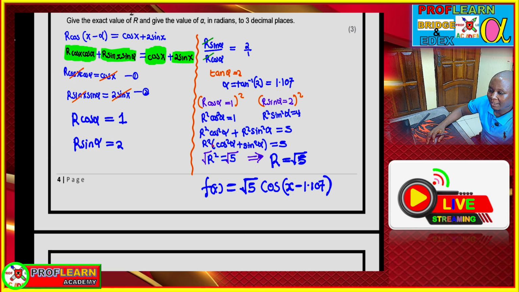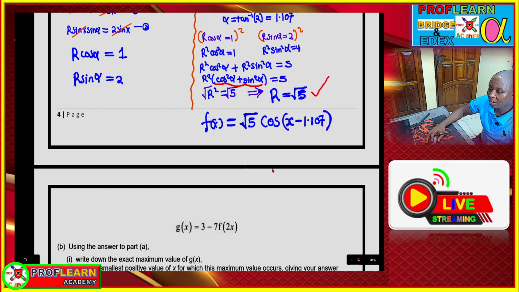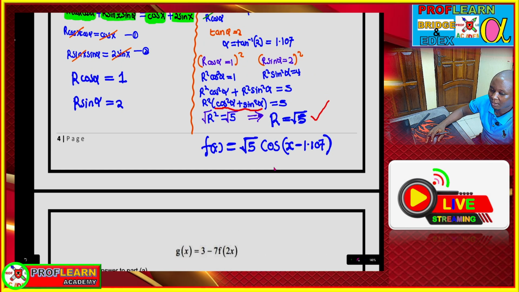You factor r squared out, but this part reduces to 1, because cos squared alpha plus sin squared alpha is equal to 1. So you remain with r squared equals 5. Then if you square root both sides, r equals root 5, and basically you have your answer there.